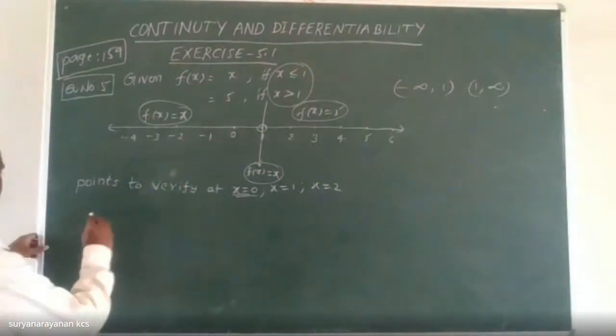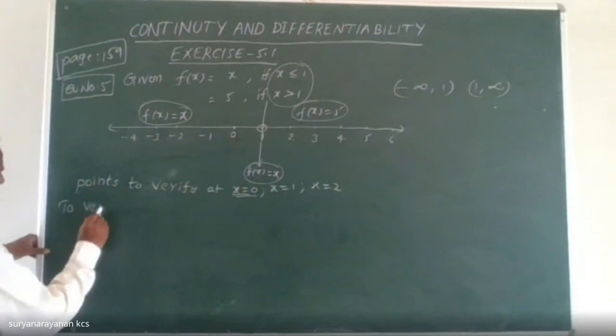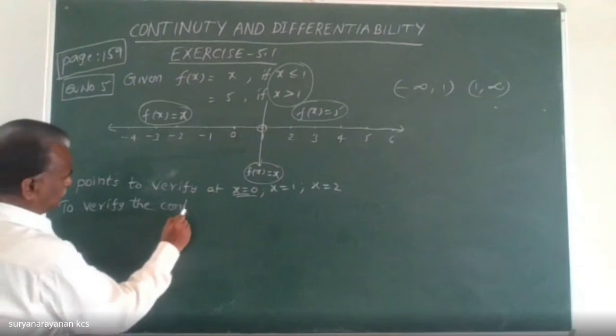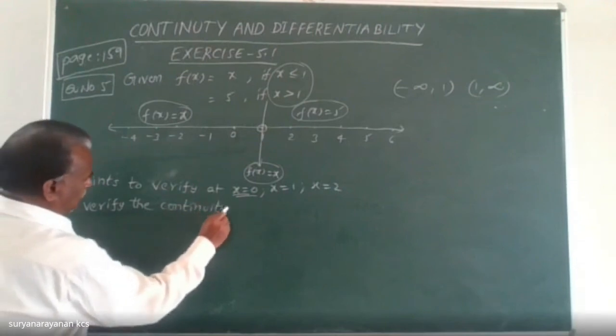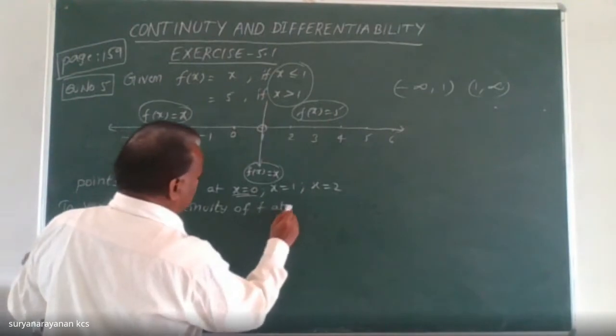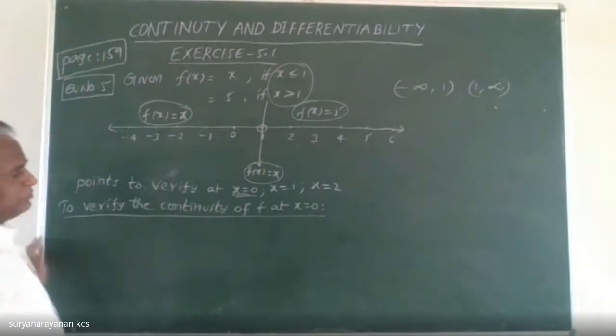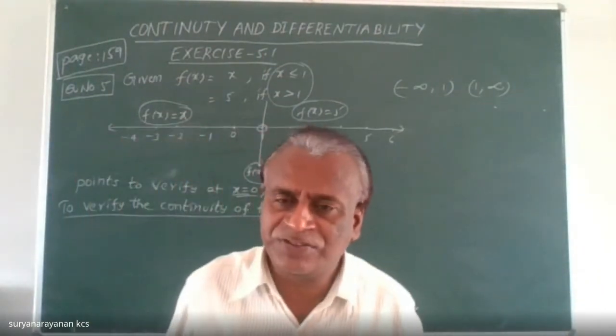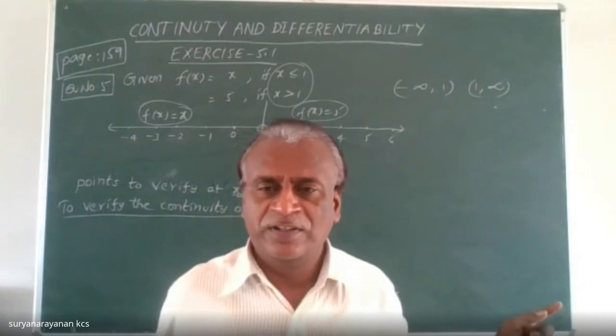So let us verify the continuity of f at x is equal to 0. At x is equal to 0, we are verifying whether the given function is continuous or not.